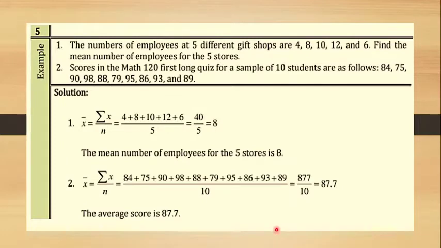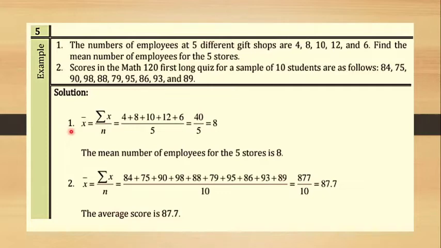Example number 1. The number of employees at 5 different gift shops are 4, 8, 10, 12, and 6. Find the mean number of employees for the 5 stores. So we have here the solution.